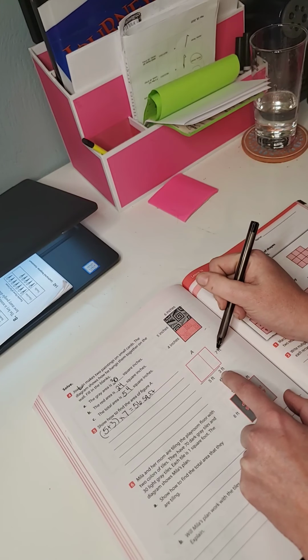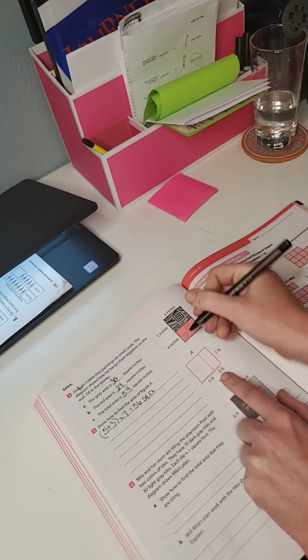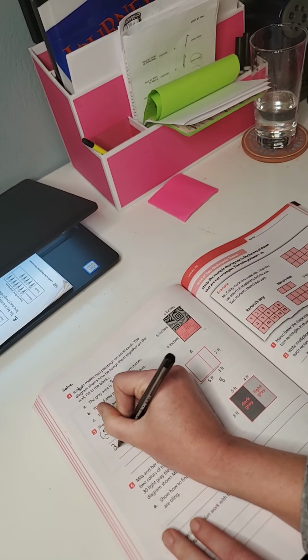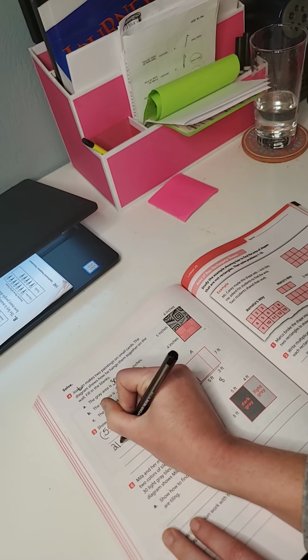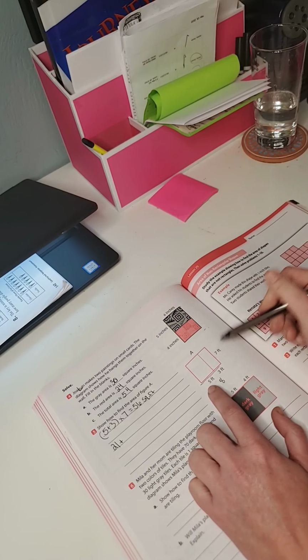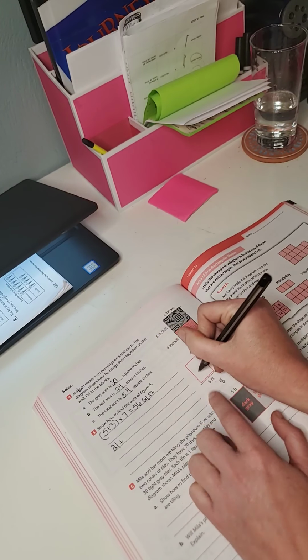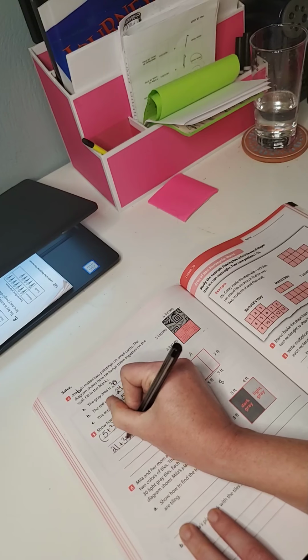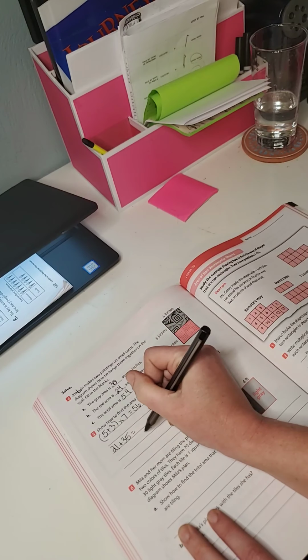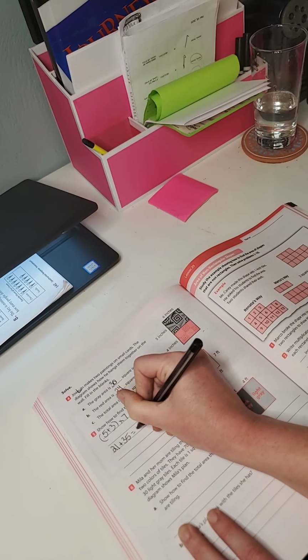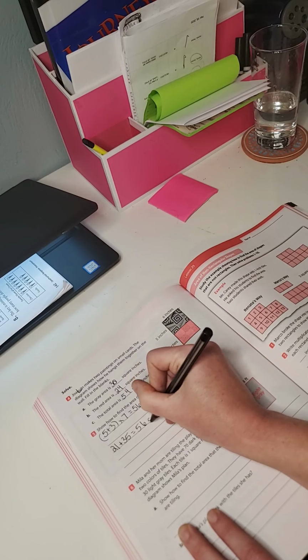So 3 times 7 equals 21. 5 times 7 equals 35. 35 plus 21 equals 56.